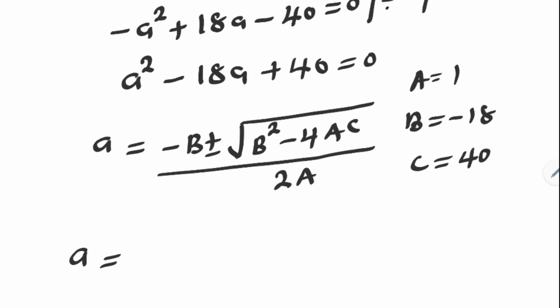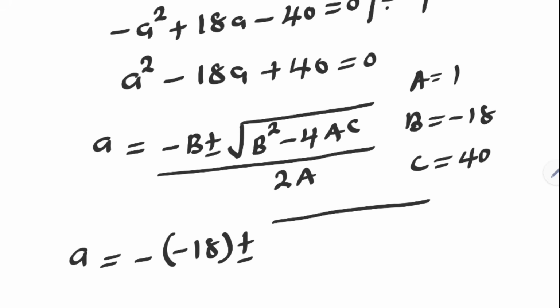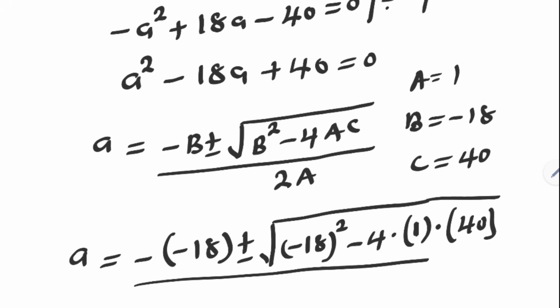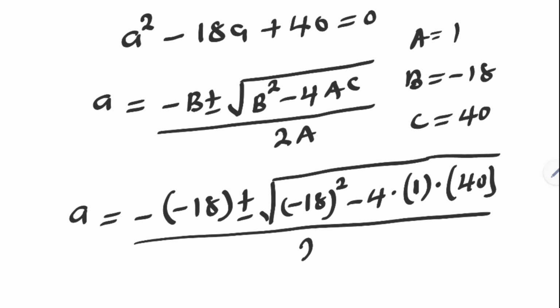A is equal to minus bracket minus 18 plus or minus square root of minus 18 square minus 4 multiplied by A is 1 multiplied by C is 40, divided by 2 multiplied by A is 1.